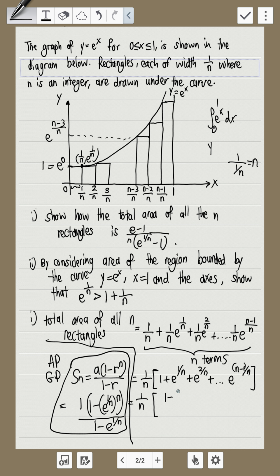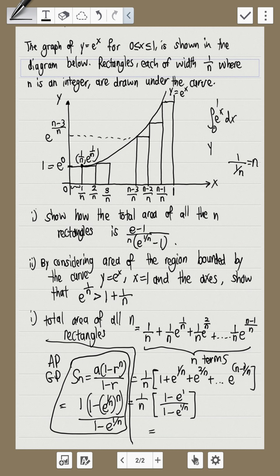So I have 1 minus e to the power 1 over n to the power of n, which is just e to the power of 1, as n and 1 over n would cancel away. And the bottom is 1 minus e to the power 1 over n. So that's how I get this.